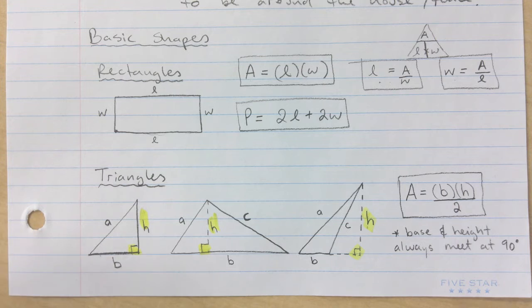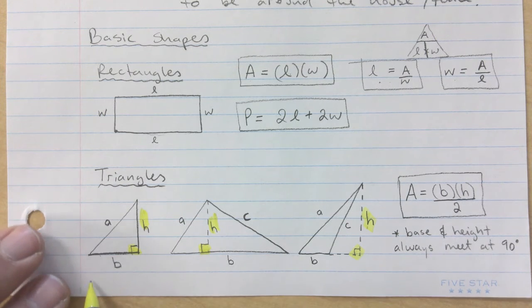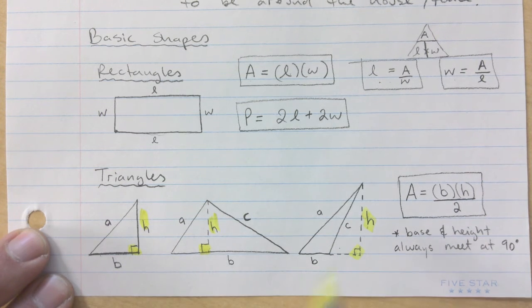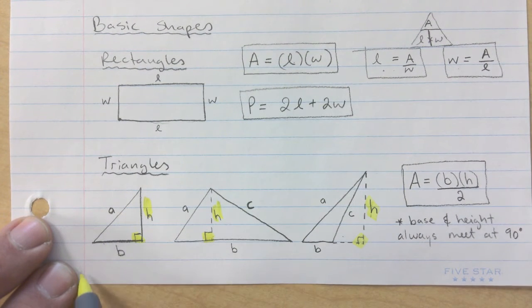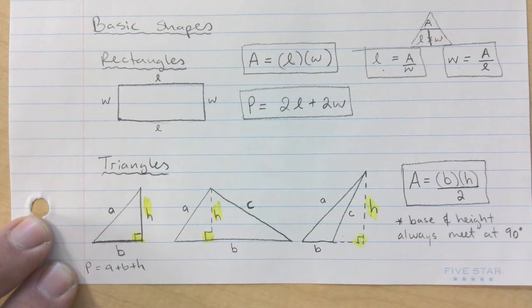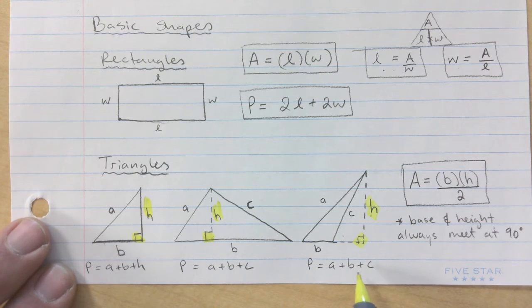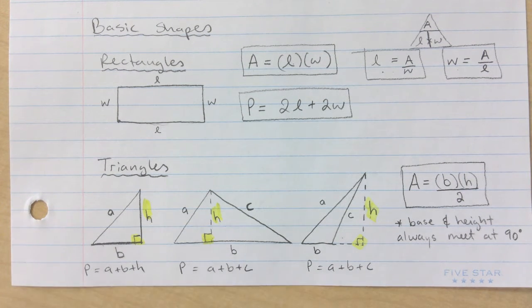Okay? What about perimeter, Mr. Dirksen? Well, there's 3 different scenarios, right? So you just basically add the outside. So perimeter here is A plus B plus H. Perimeter here would be A plus B plus C. Perimeter here would also be A plus B plus C. So these two do not have the height as part of their perimeter.